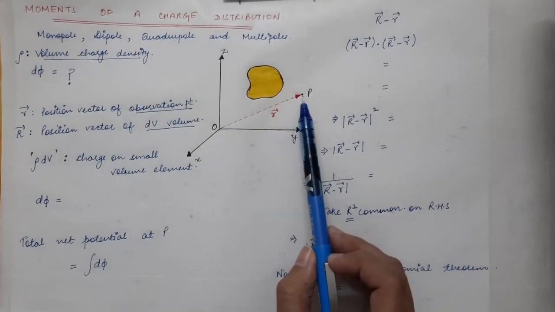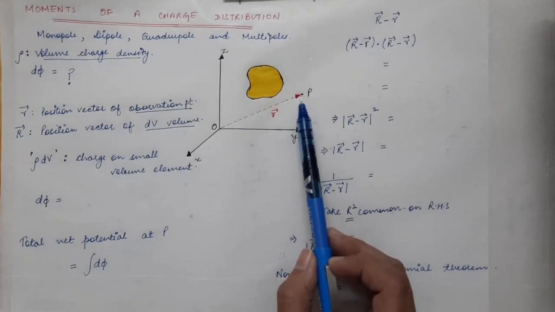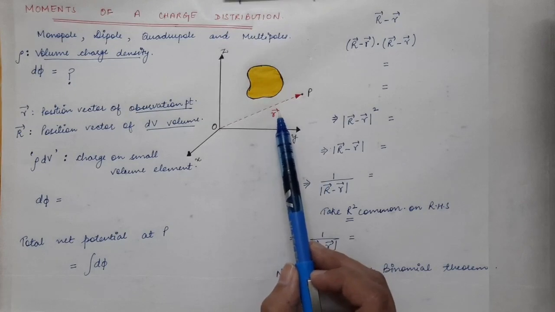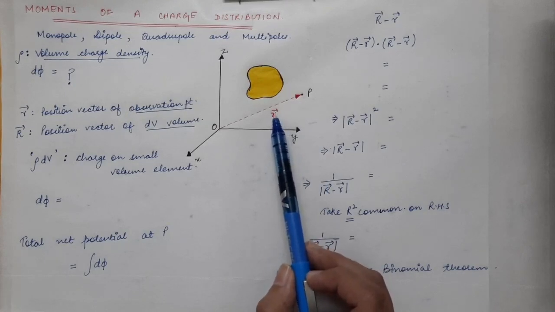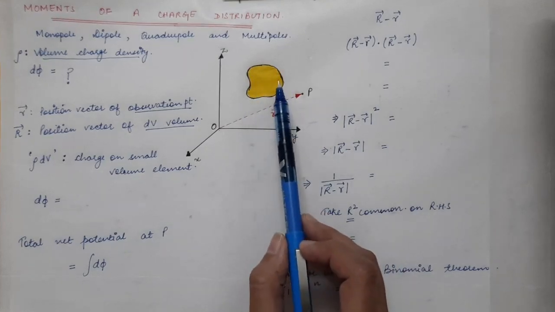So the OP vector will be the position vector of this observation point, and let's say that is small r vector. Small r vector is the position vector of the observation point, and this is the random charge distribution.